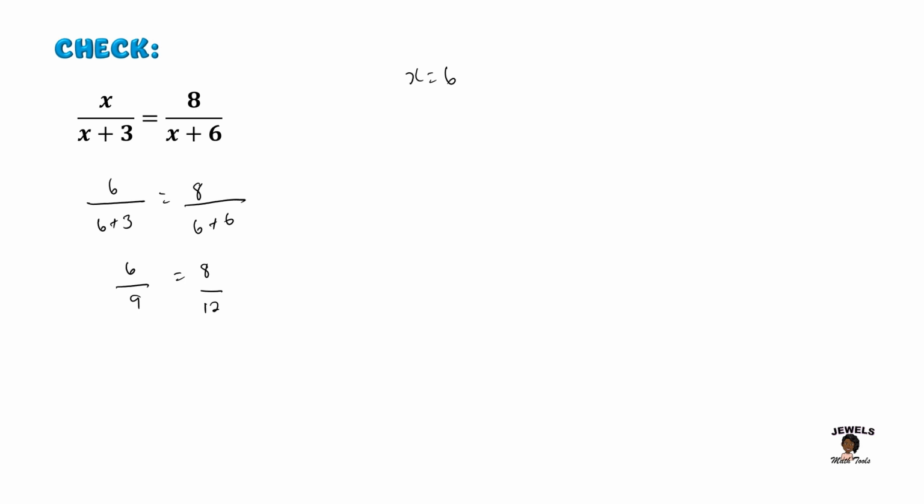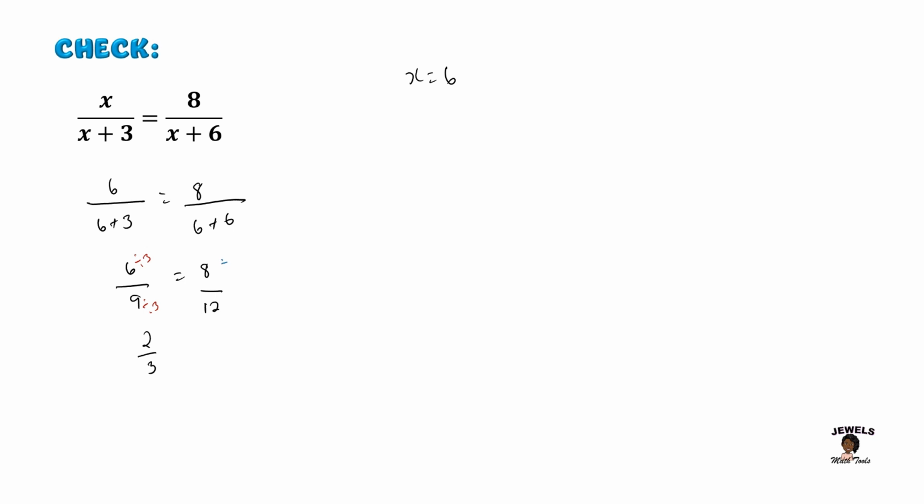So let's look at our first fraction, which is 6 ninths. And we can divide both 6 and 9 by 3. 3 is their highest common factor. So 6 divided by 3 is equal to 2. 9 divided by 3 is equal to 3. I'm also going to simplify the second fraction, which is 8 twelfths.